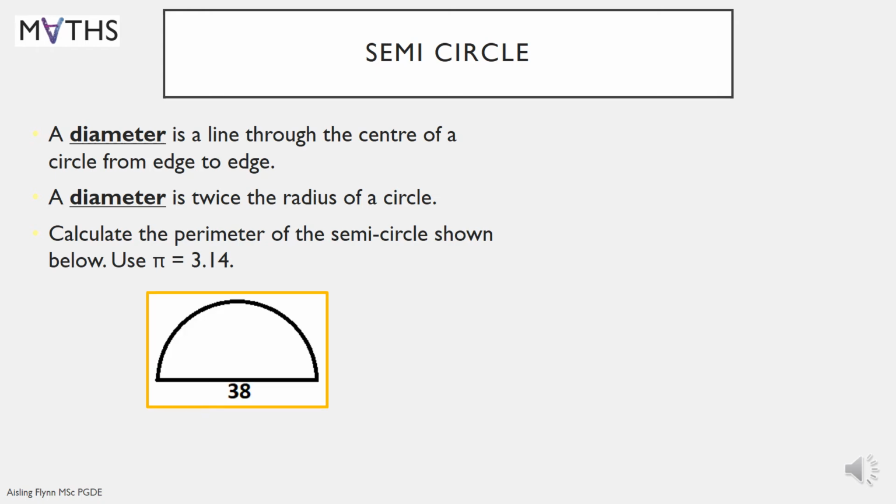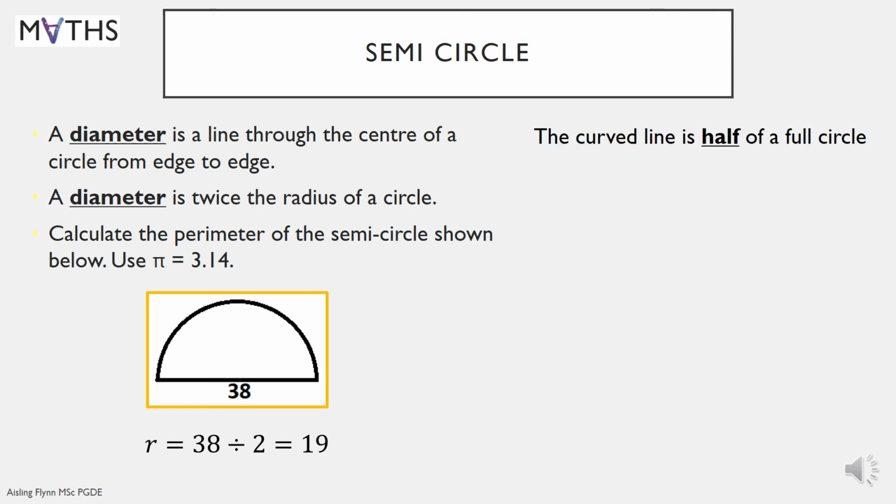Okay, so in this case, the only information we're given is a diameter, which is 38. So from side to side through the center measures 38. So from that, we can take that the radius is half of the diameter, divide by 2, and it's 19.